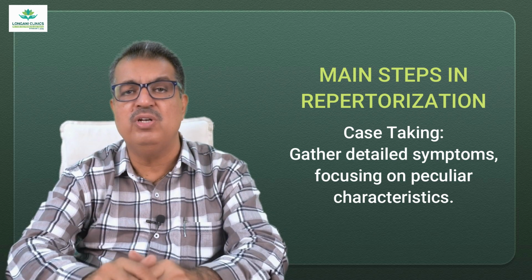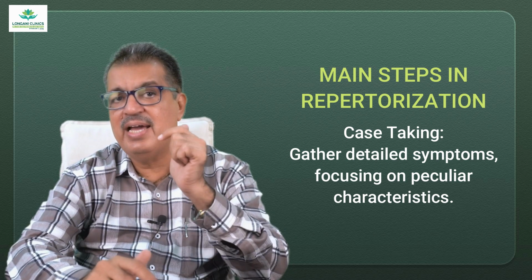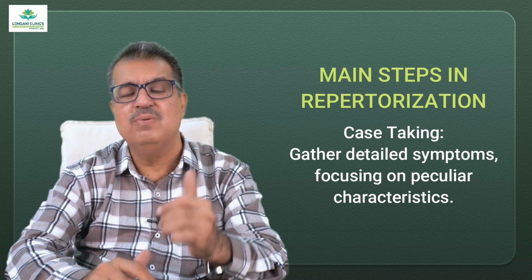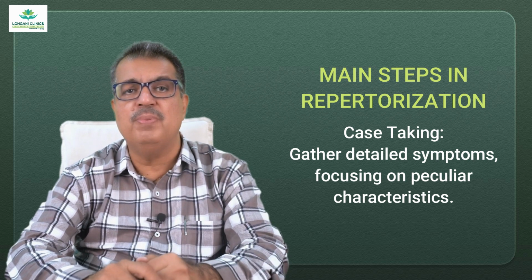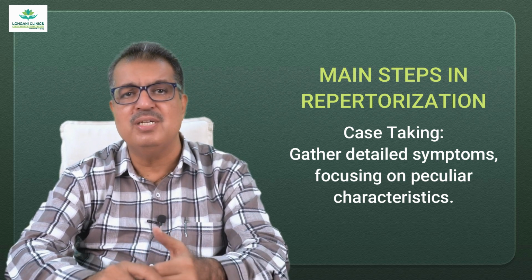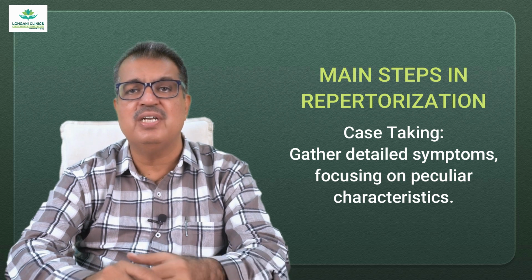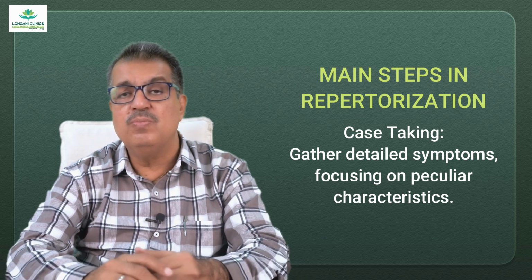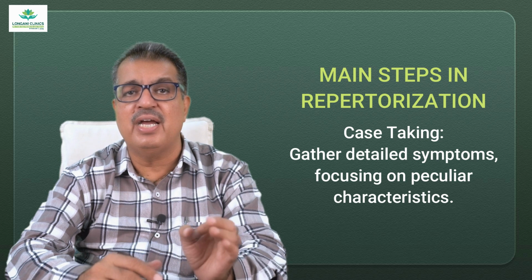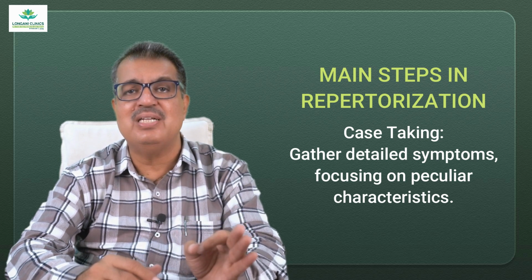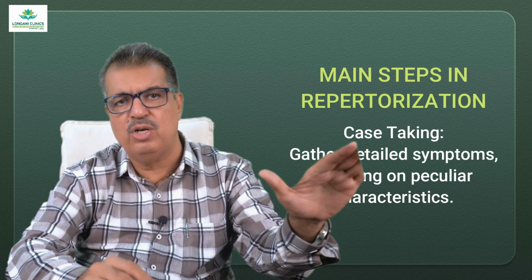Focus on peculiar, characteristic and individualized symptoms. For example, fear of being alone, thirst for small sips of water, aggravation at midnight, etc. Without a complete and accurate case, repertorization has no value.